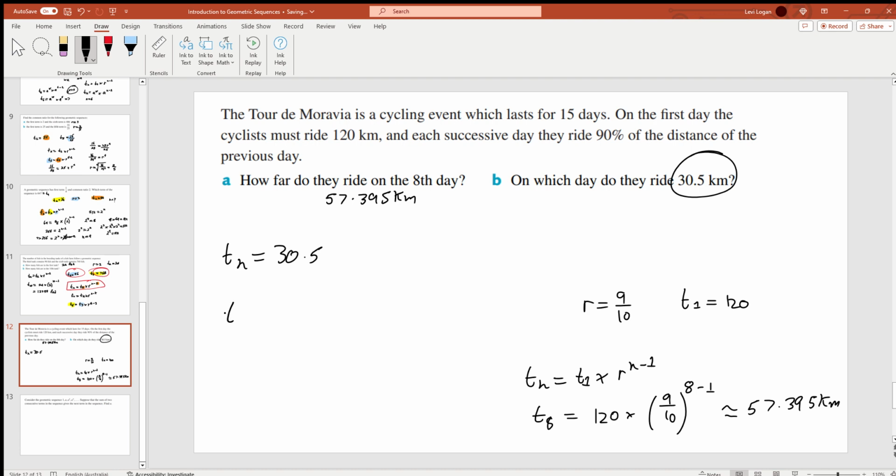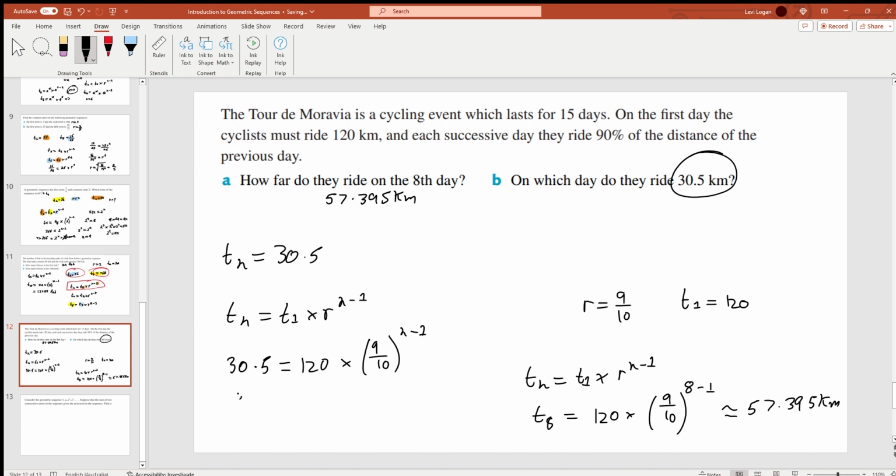So we have T of n equals T of 1 times r to the power of n minus 1. So now we have 30.5 equals 120 times 9 on 10 to the power of n minus 1. Divide both sides by 120, so 30.5 divided by 120 gives me, oh, that's a yucky number.